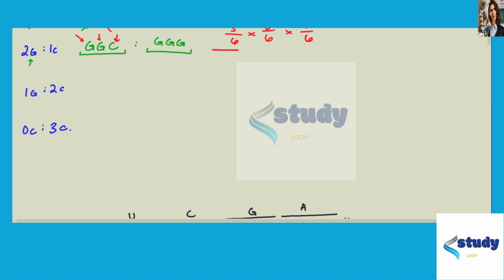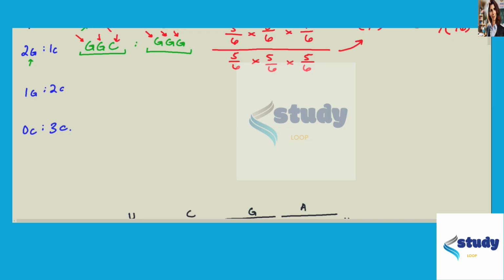And then they are just dividing this by the chance of getting all Gs in this other codon. So again, the chance of getting a guanine is 5 out of 6. This is all they are doing in the problem. And then they are just simplifying it and rewriting it as 5 over 6 squared times 1 over 6, divided by 5 over 6 cubed.